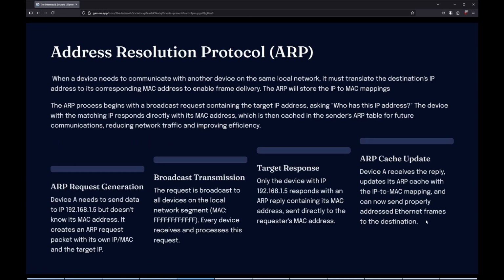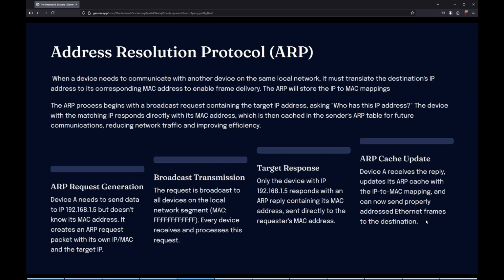So ARP, how does it work? Address resolution protocol, as we said, helps you find and store the mappings of IP addresses to MAC addresses. The reason we use this is because IP addresses are dynamically allocated and sometimes can even change. So we need to maintain the physical identifier for our device.